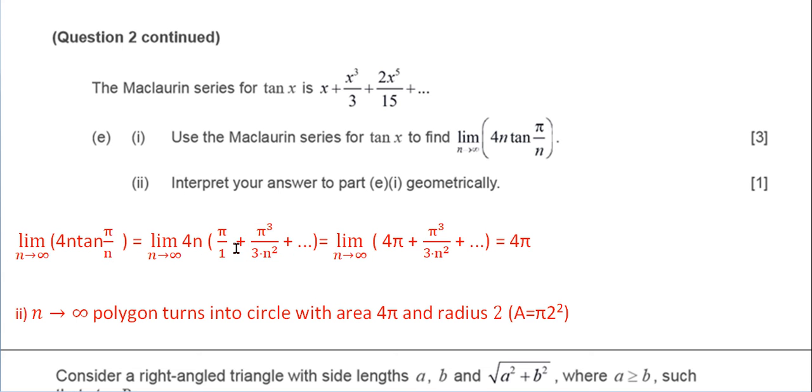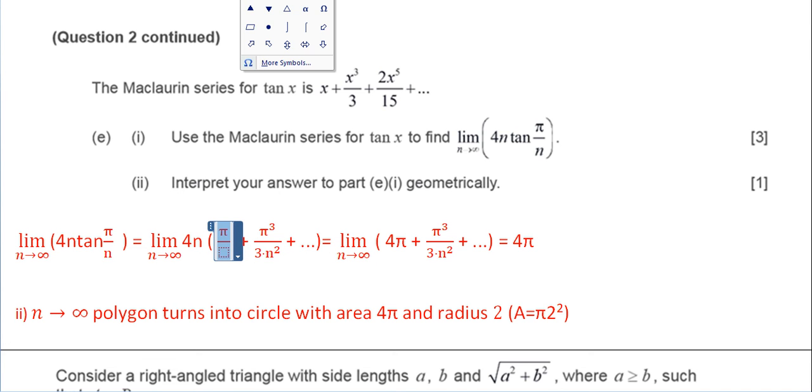What is interesting is that when n tends to infinity, all terms tend to 0 except the term with π.